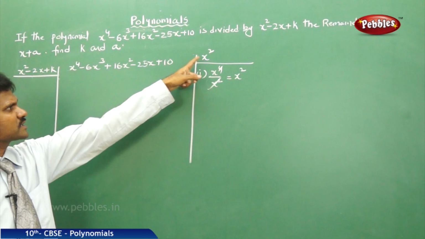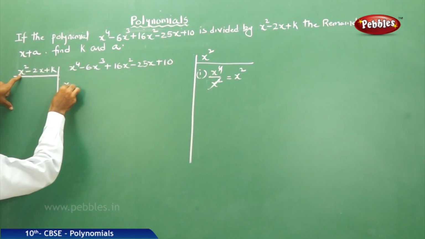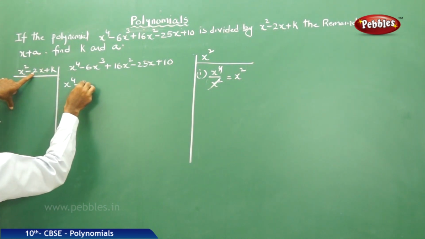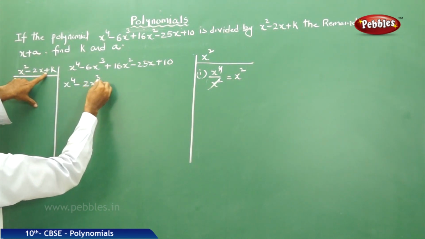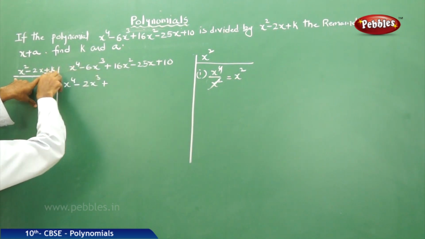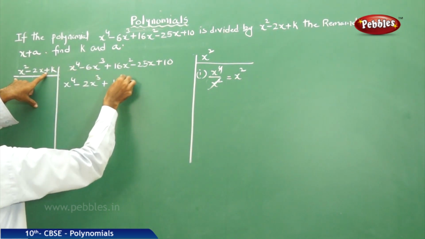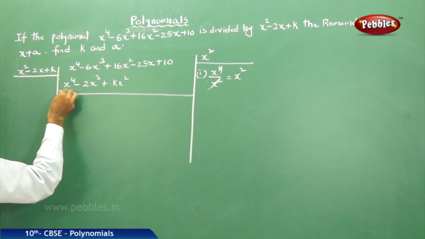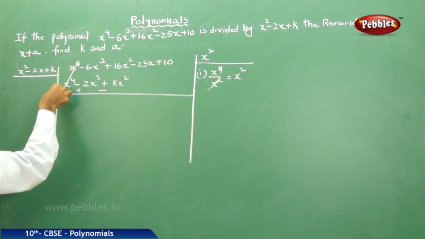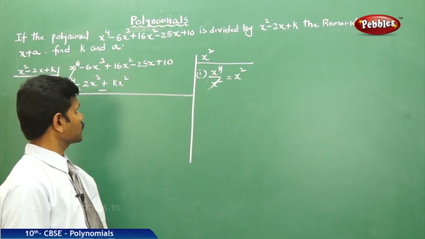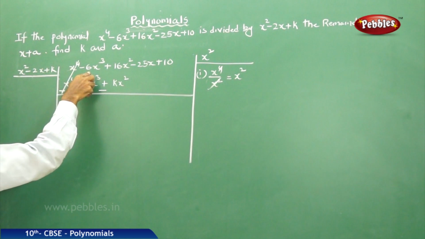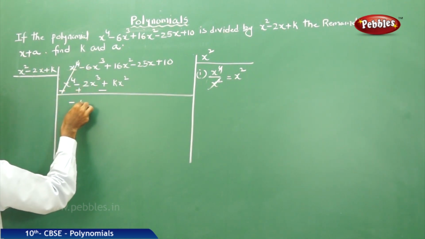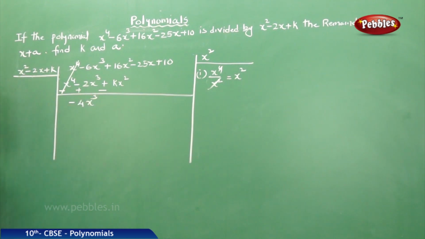Now x square into x square, x to the power 4, minus x square into 2x, 2x cube, plus x square into k, kx square. Now the first part is over, change the signs, minus plus minus, both the parts are cancelled. Now minus 6x cube plus 2x cube, nothing but minus 4x cube.